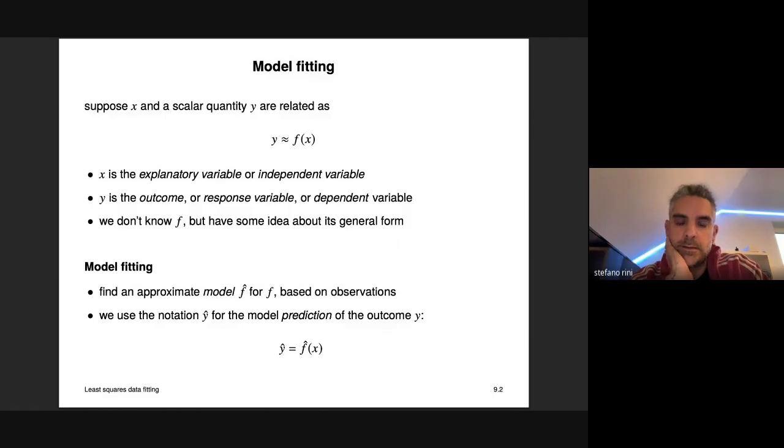As we said, we want to look at y approximately equal to f of x. So x is our independent variable, our observation, and y is our outcome or the response variable. And we have a certain class of f that we can determine. The idea is that we want to fit our data to a certain prediction.